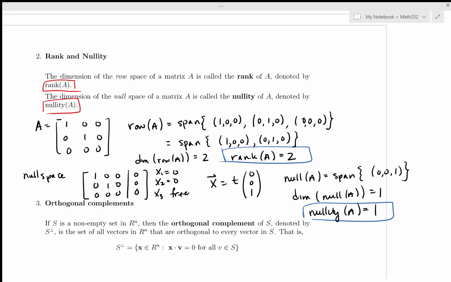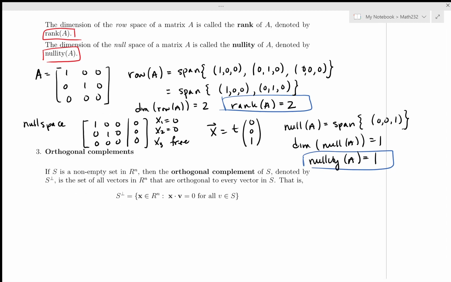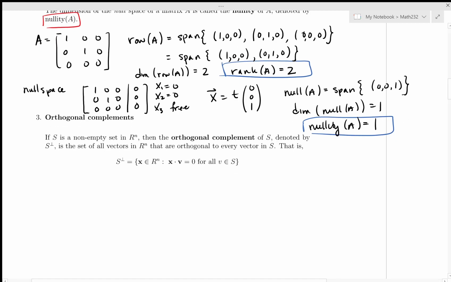Next thing, orthogonal complements. If we have a non-empty set S of vectors in Rn, then the orthogonal complement of that set S is the set of all vectors that are orthogonal to every vector in S. This symbol is used to denote the orthogonal complement of S, and sometimes we call it S perp, where perp is short for perpendicular.